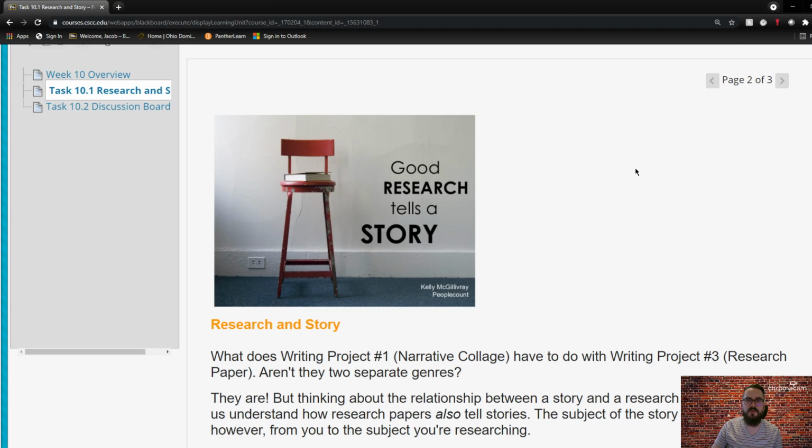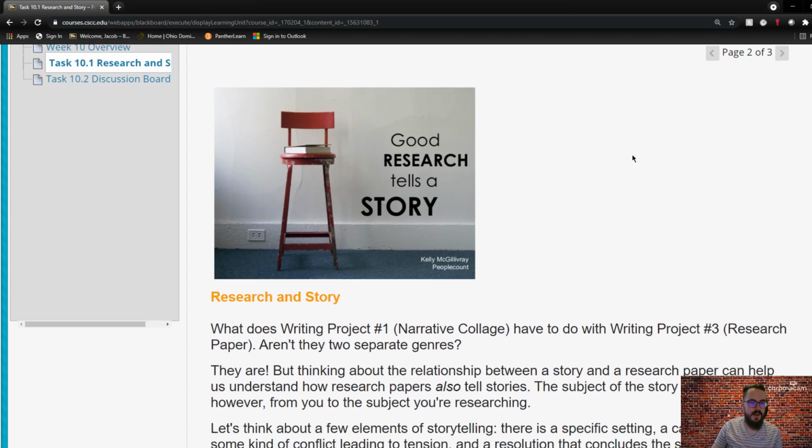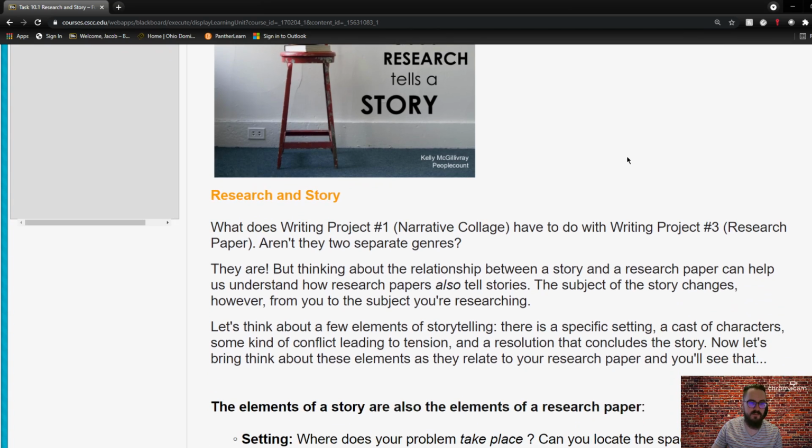Thinking about your research project in Comp 1 as telling a story may help you with writing that project, because you're probably more familiar with stories and telling stories than you are with conducting research.